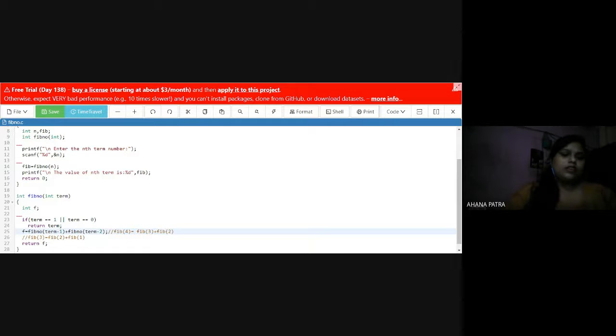But we do not get any value at that time. But when fib 1 is called, then we can return that fib 1 is 1.